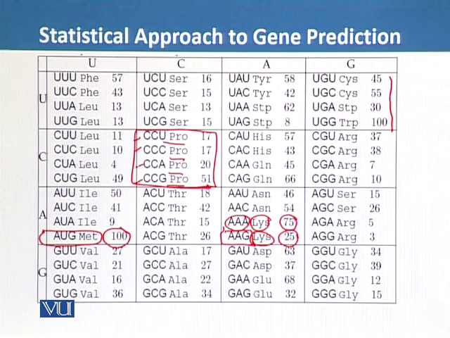But we can see that the codon CCG has the highest frequency value of 51. And the other interesting thing is that when we sum up all of these frequencies, it comes to approximately 100. So we can see that for leucine, CUG has the maximum frequency as compared to the others, and so on.